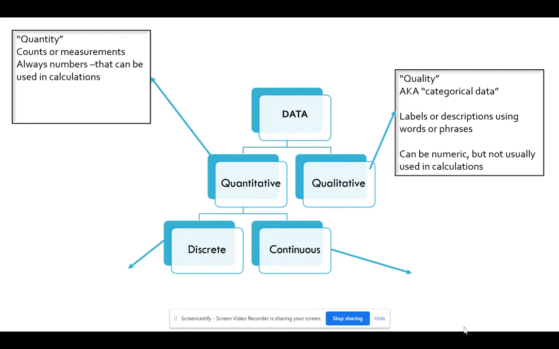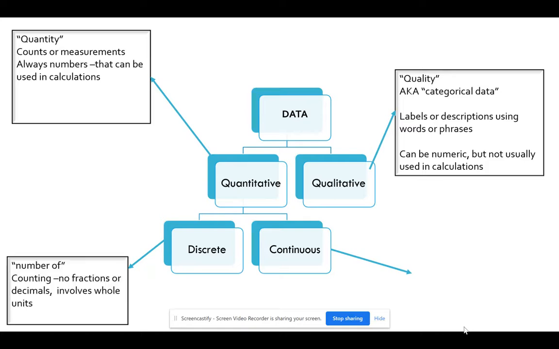Quantitative data can be broken down further into whether it is discrete or continuous. Quantitative discrete, typically the description will talk about the number of, like the number of students in the classroom, the number of credit cards you have, the number of phone calls you receive in a day. Typically discrete data is associated with counting. It does not involve fractions or decimals. It's going to be whole units.